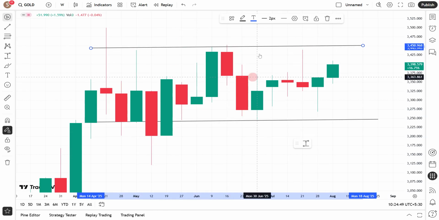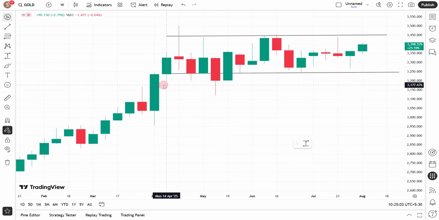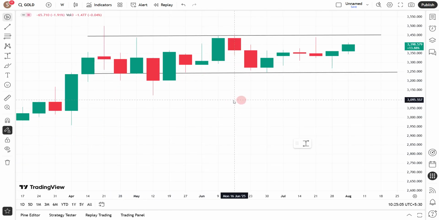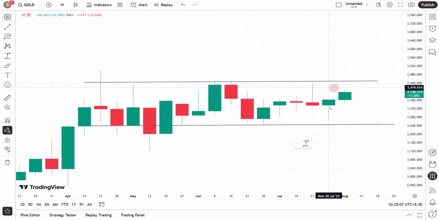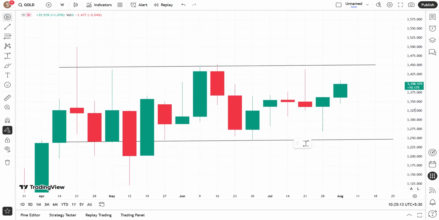So gold has been trading in this particular channel from almost April, for the last 4 to 5 months, before momentum buying occurred. Now prices are consolidating in a tight range, and the last week you can consider a bullish sign for gold.